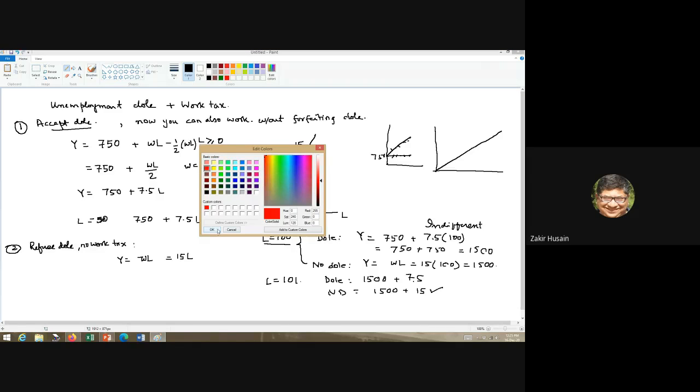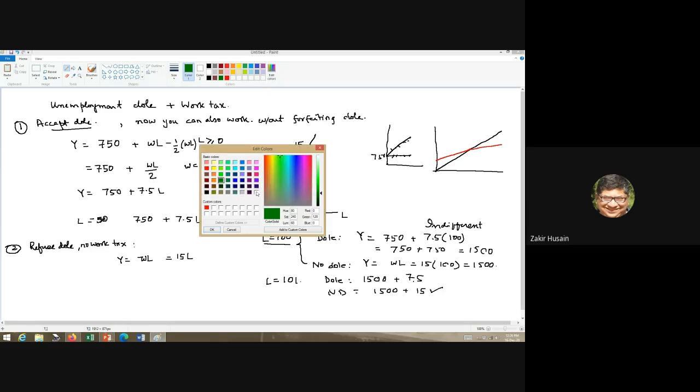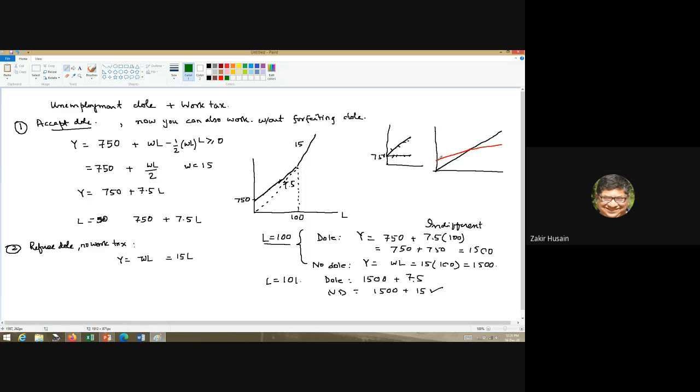And if you accept the dole, it is going to be like this. So effectively, it is going to be this, then this. This is going to be the effective labor function, right? Yes, sir. Okay.